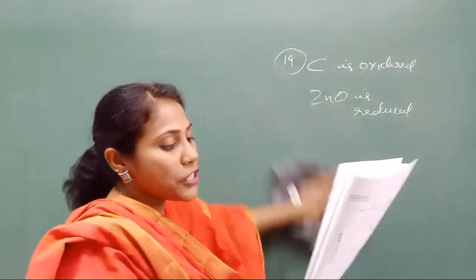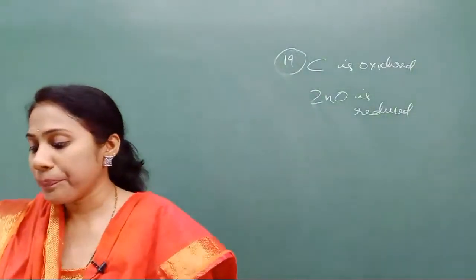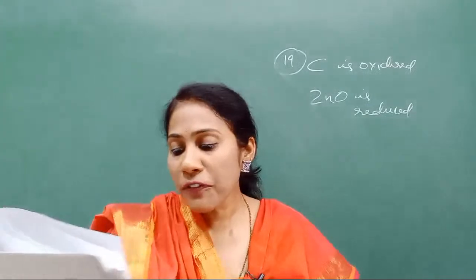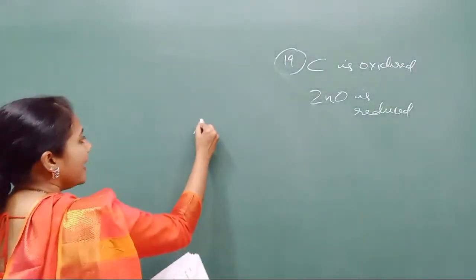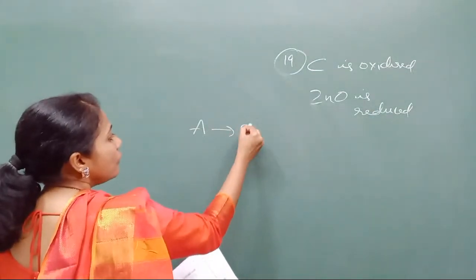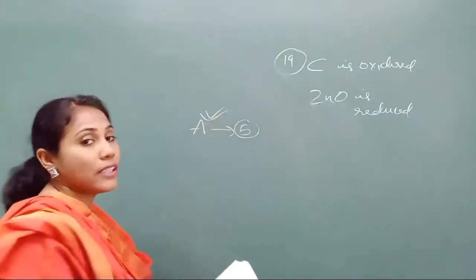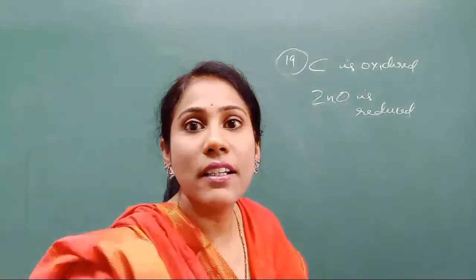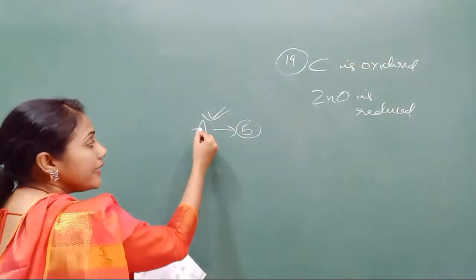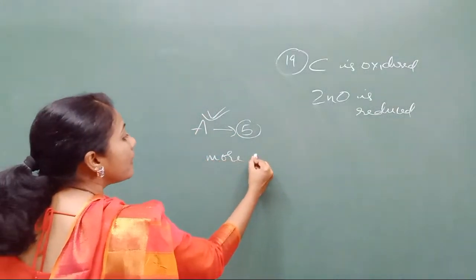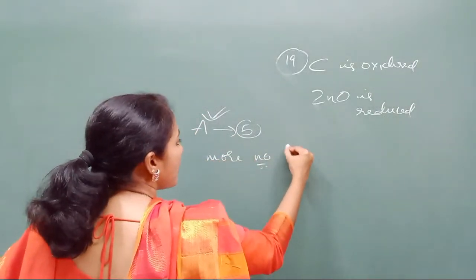Okay, so pH values are given for A, B, C, D. Which of these solutions is more acidic in nature and why? So definitely A, which has a pH value of 5. A is more acidic because it has more H plus ions.